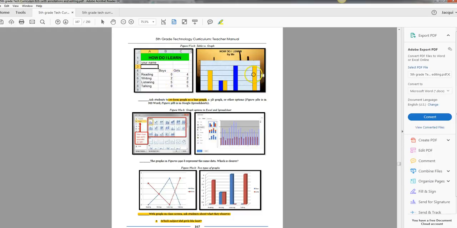This makes it very clear that you could see the boys and girls there. You'd have to look at the table: boys listening is 5, and it's a little hard to tell if you're reading over here. This makes it very clear, but let them tell you that and see what they say.